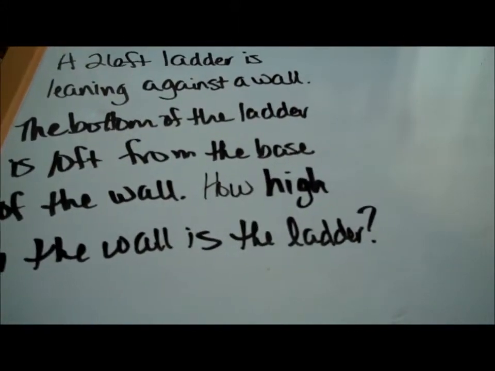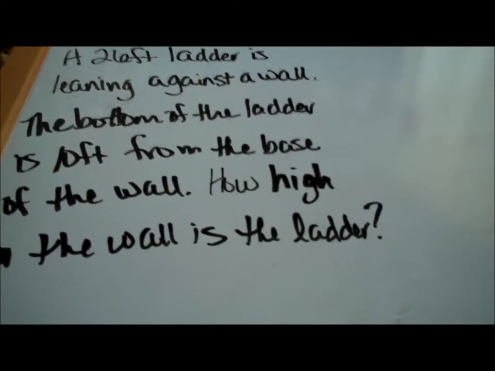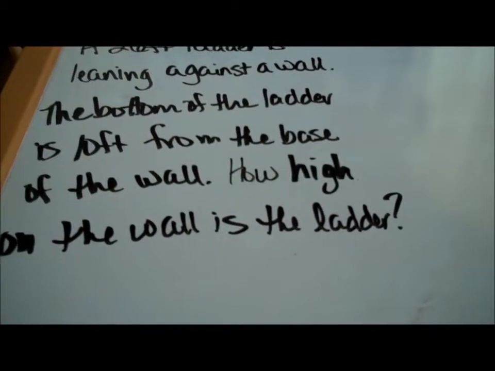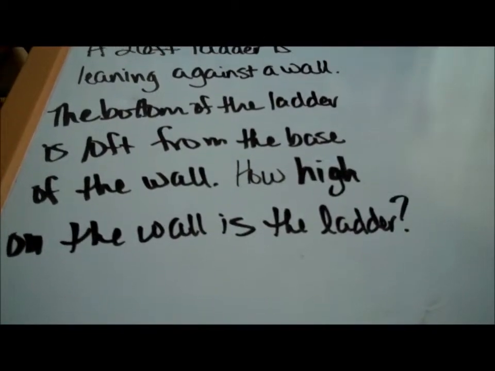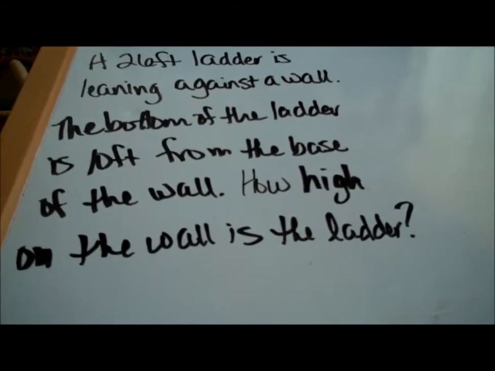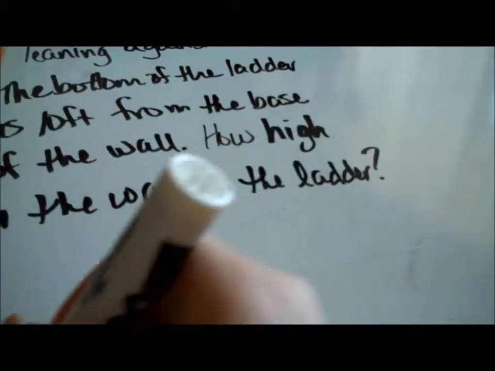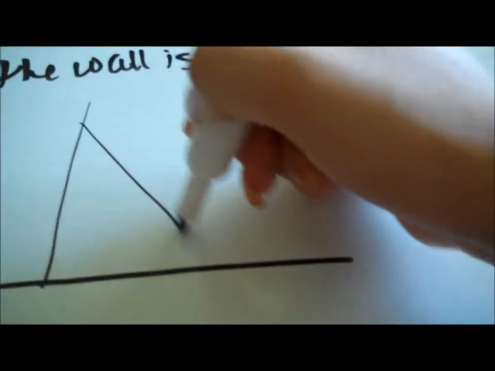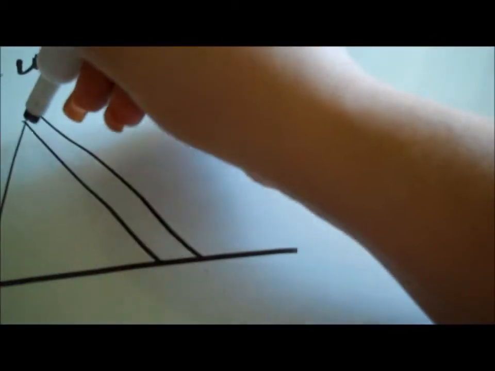Okay, the next question says this 26-foot ladder is leaning against a wall. The bottom of the ladder is 10 feet from the base of the wall. How high on the wall is the ladder? So again, I would draw a picture. We have a wall and a ground. We have a ladder leaning up against it. The picture doesn't have to be perfect.